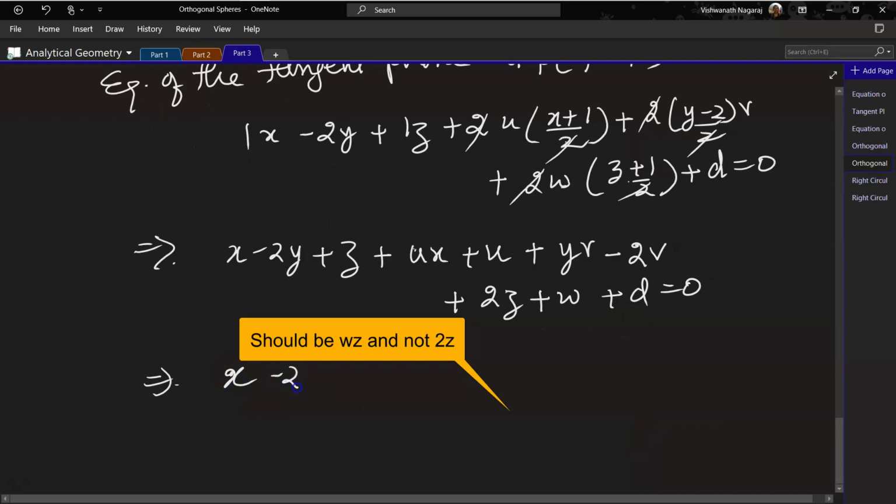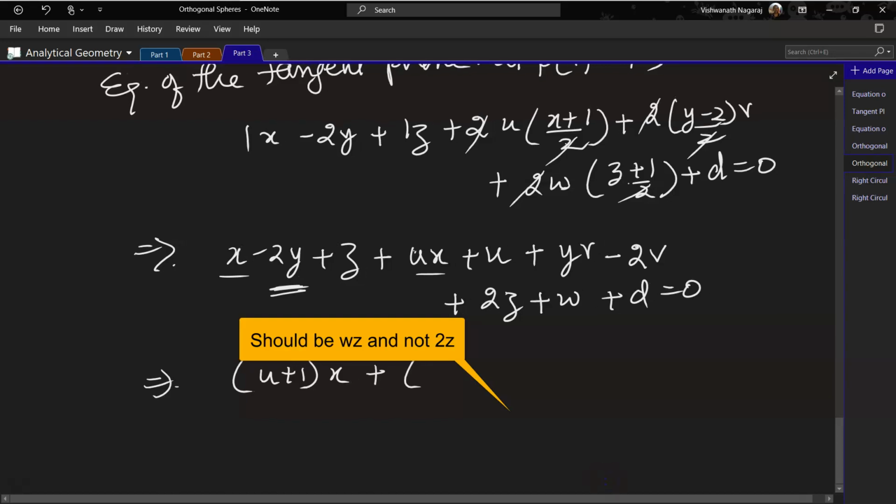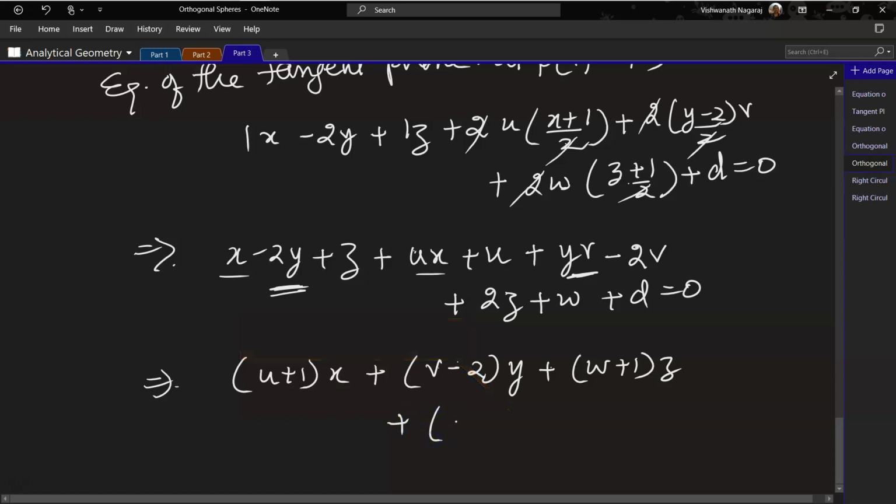We have x here and also x here, so let's take x common: (u plus 1)x. Now y is here and the other y is here: (v minus 2)y, plus (w plus 1)z, and then whatever is left out, that is u minus 2v plus w plus d, is equal to 0.